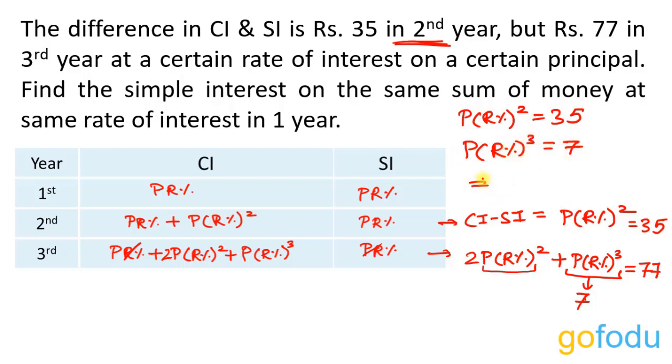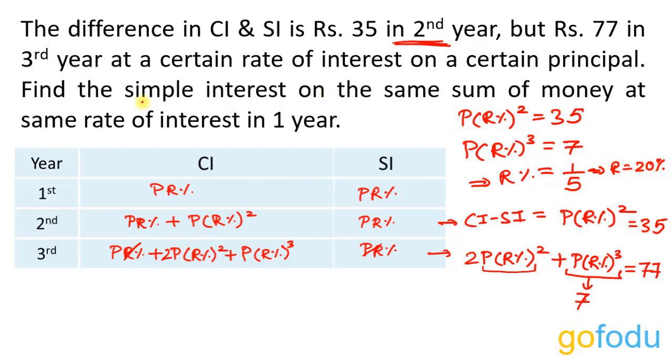This simply means that R percent will be equal to 1 by 5. You can divide these two equations and get this. R percent will be equal to 1 by 5 or R is equal to 20%.